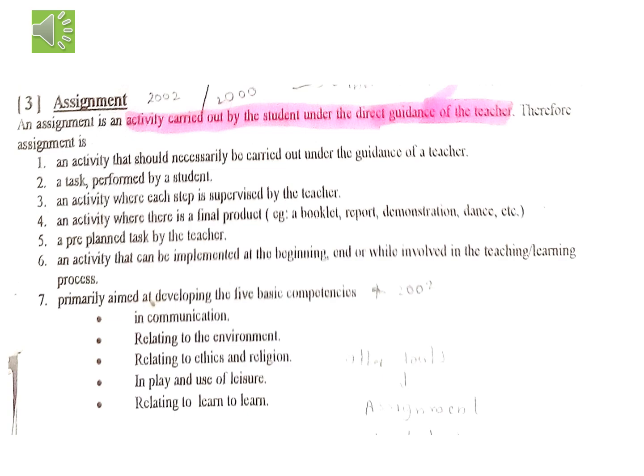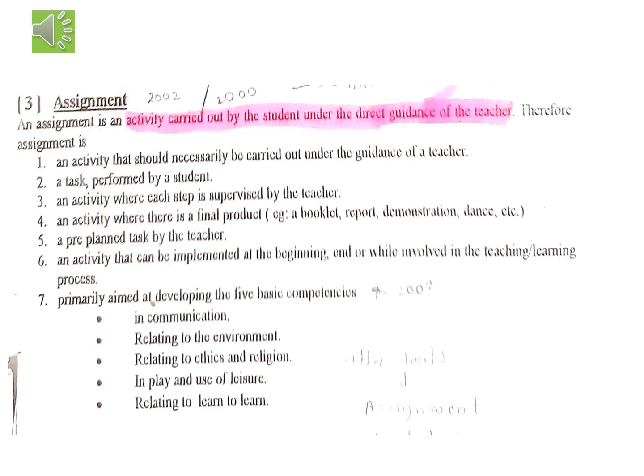So there should be a product. A task pre-planned by the teacher. The teacher has to plan everything, how to group the students, how to give them the task, and how to do the evaluation, etc.